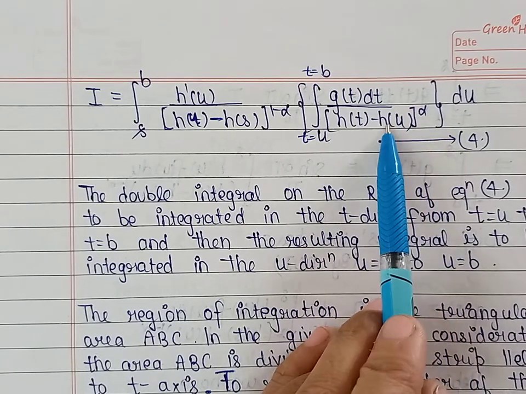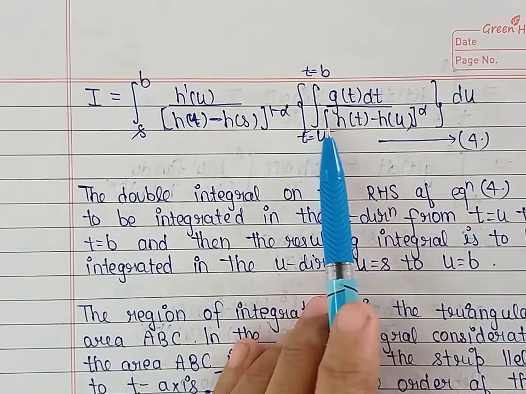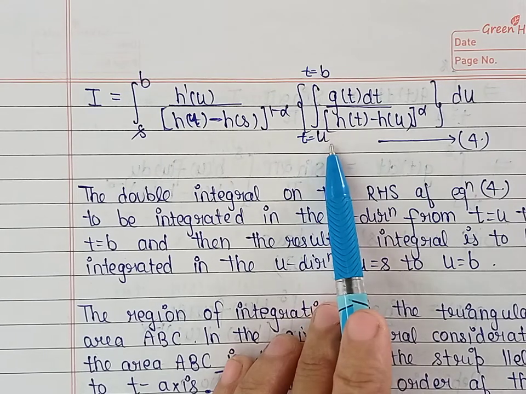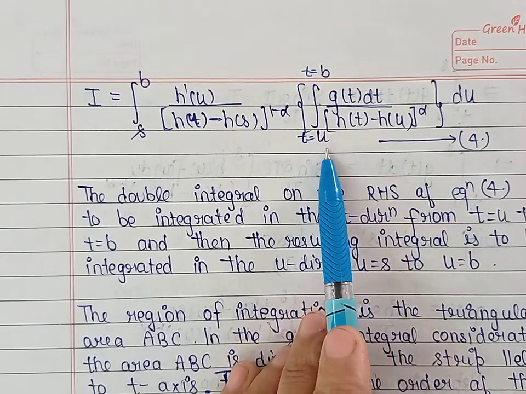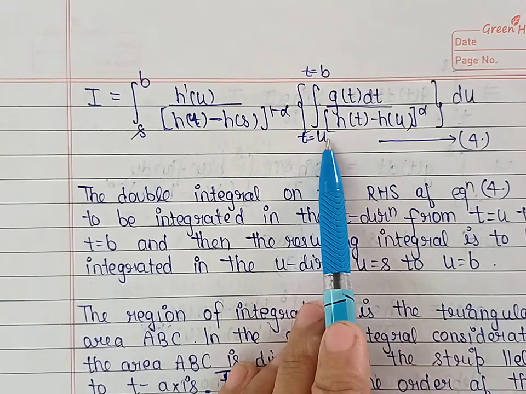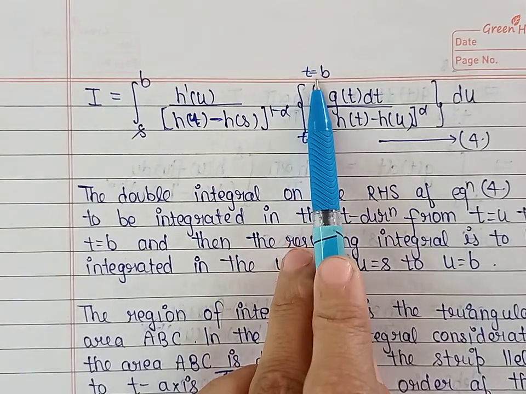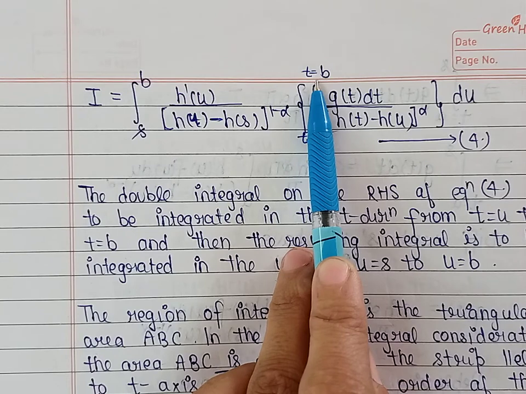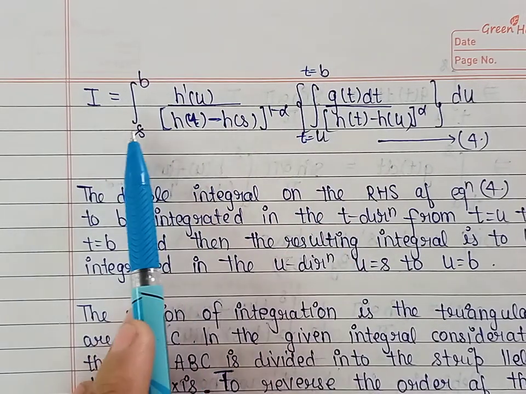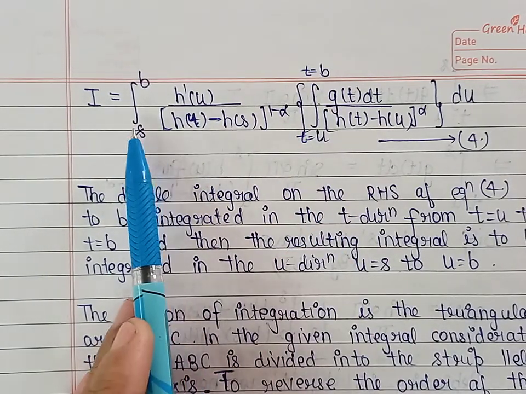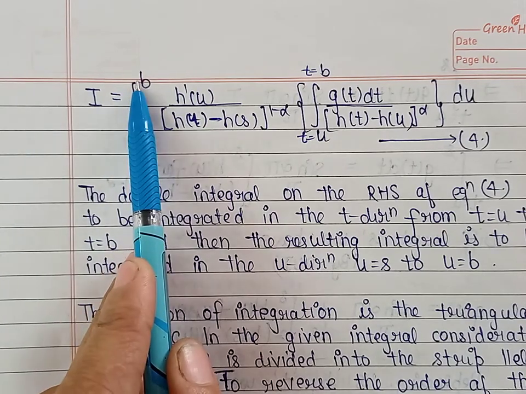Now we can see that this double integral on the right side of this equation has to be integrated in the t direction first, between the limits t equal to u to t equal to b, and then the resulting integral is to be integrated between the limits u equal to s to u equal to b.